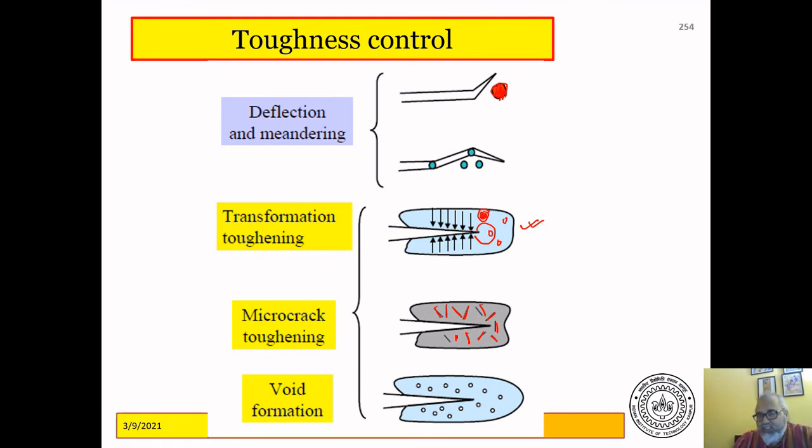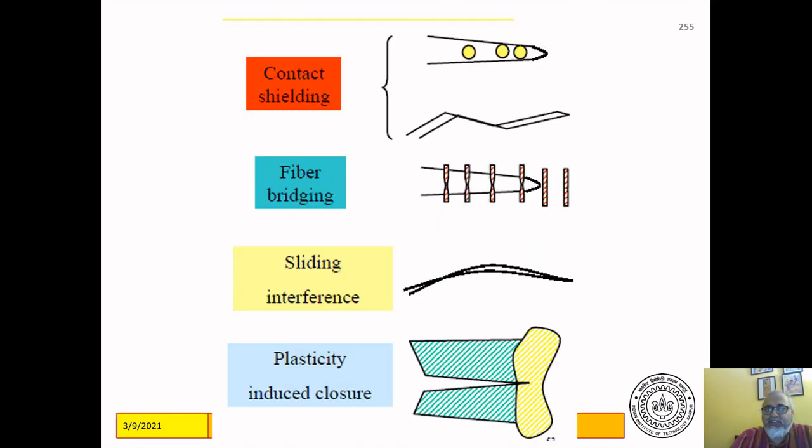So these are usual methods of toughness control, which work at the level of the material, of the grain, of the material's microstructure, in order to increase its intrinsic toughness. There are other methods for this. I'm not going through all of them. One of them is to have fibers.